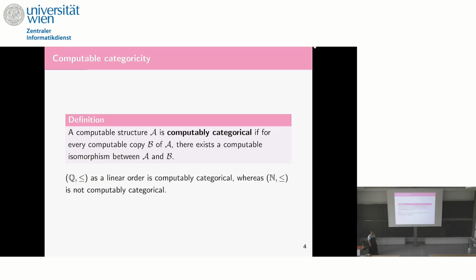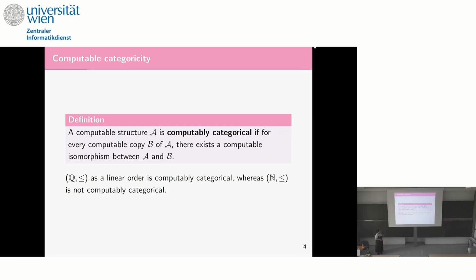So here's an example that you can hang on to throughout the talk. Q, the rationals as a linear order, is computably categorical. Why is that true? Well, you do the simple back and forth argument, and then you can build the computable isomorphisms that way. But on the other side, the natural numbers as a linear order is not computably categorical. Why is that true, very fast?